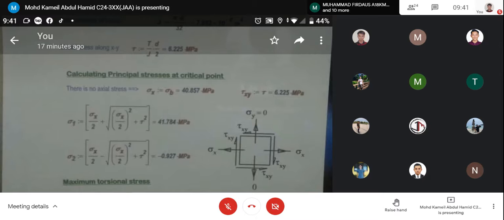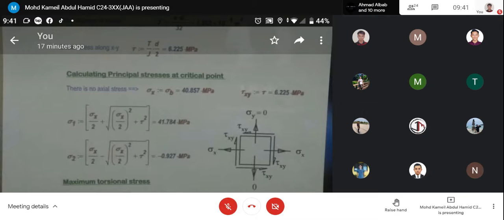In terms of the stress element, the square, you can draw sigma x to the right and tau xy pointing downward, since clockwise is positive. Sigma y is 0.